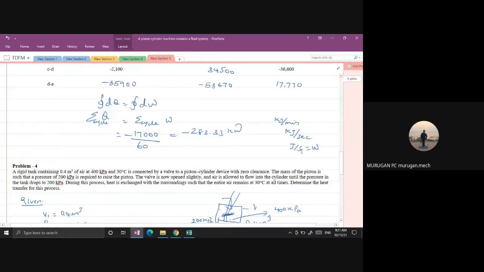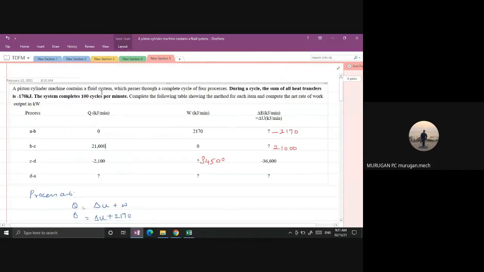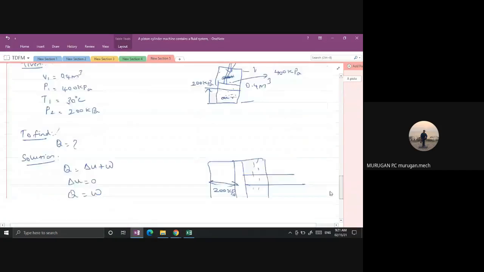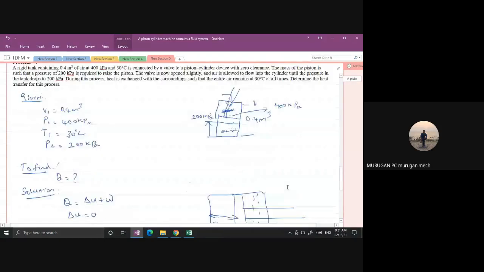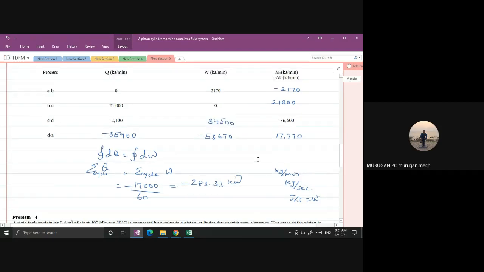They have given it as cycles per minute, so we have to divide it by 60. Then we get minus 283.33 kilowatt. Have you all understood this problem? Have you all understood?